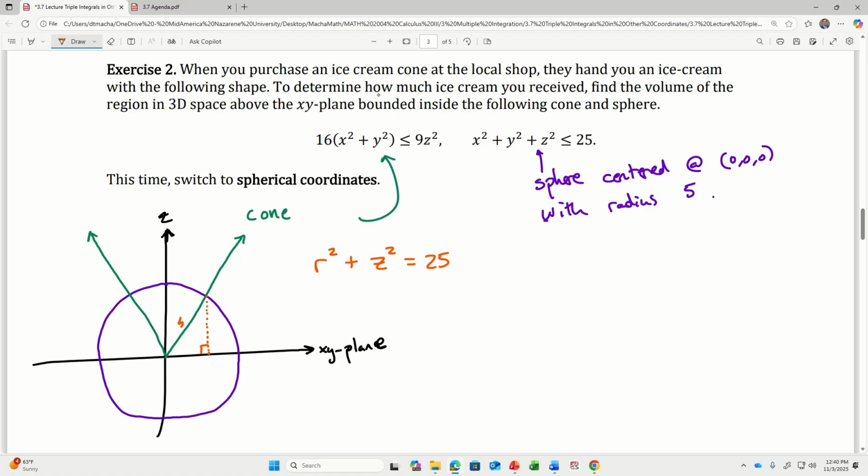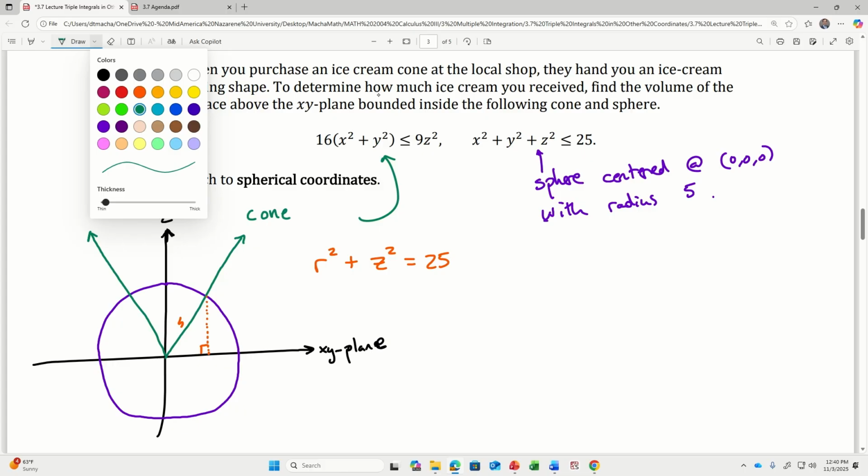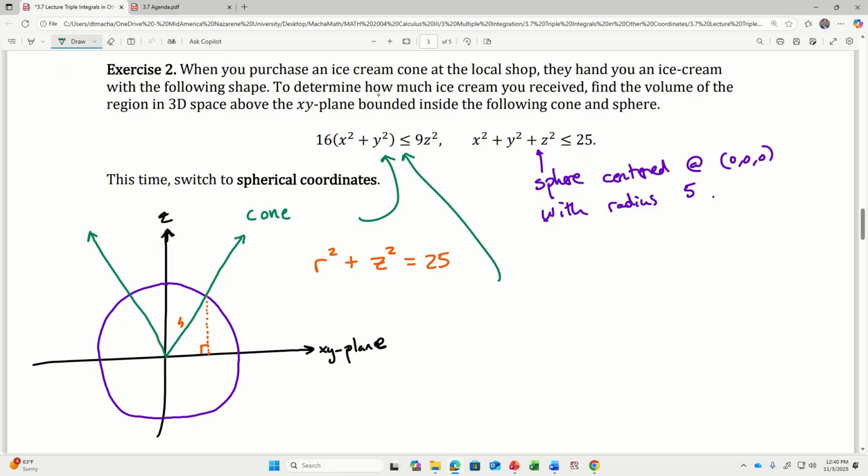And this equation over here is saying that 16r squared at the boundary is going to be equal to 9z squared. Or I could replace z squared with 16 over 9 r squared.